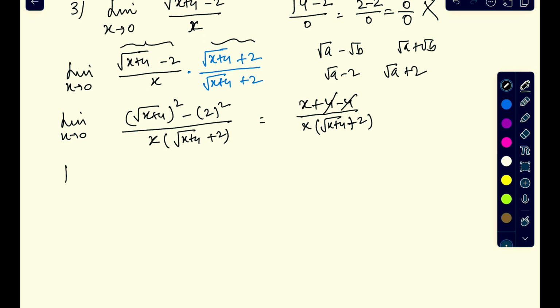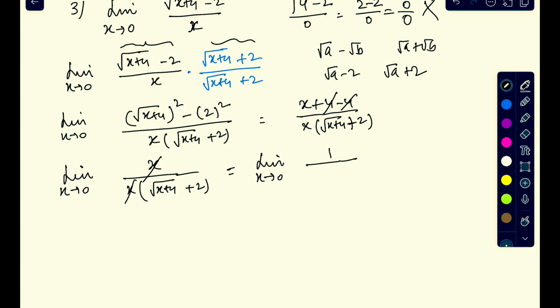Let's simplify this, and then we will get the limit as x approaches 0 of x over x times the square root of x plus 4, plus 2. X and x can cross out, and we get the limit as x approaches 0 of 1 over the square root of x plus 4, plus 2.